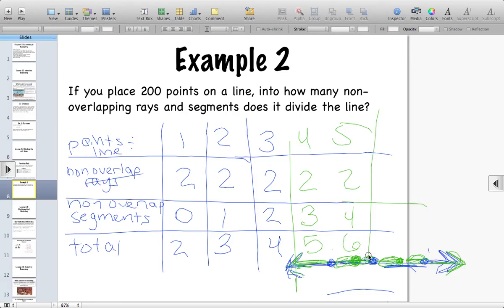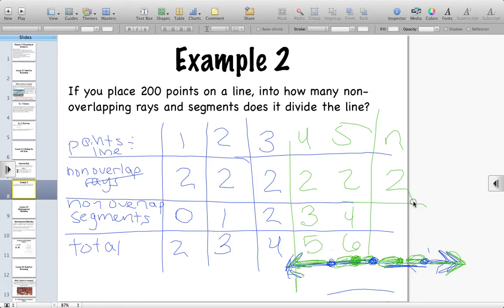Now, we want to know what happens if we place 200 points on a line. Well, I don't want to go through that process of actually putting 200 points on a line and counting everything. So let's find a rule that we can use for the nth term. For non-overlapping rays, only the two endpoints are creating that non-overlapping ray.